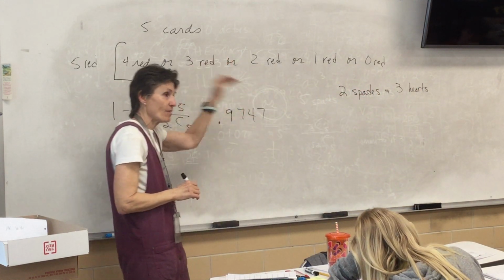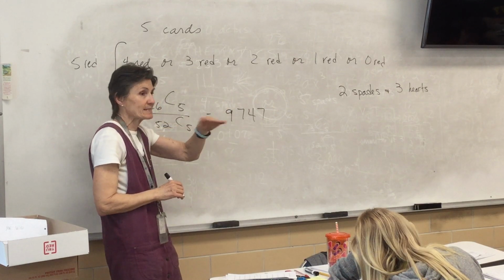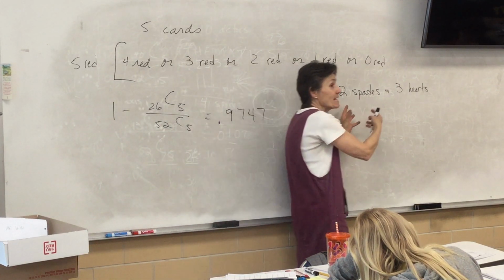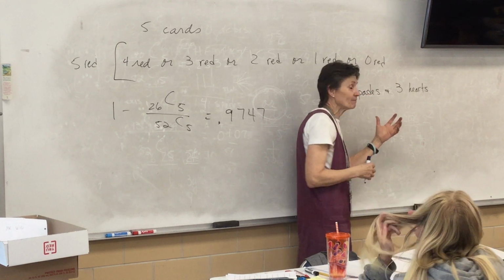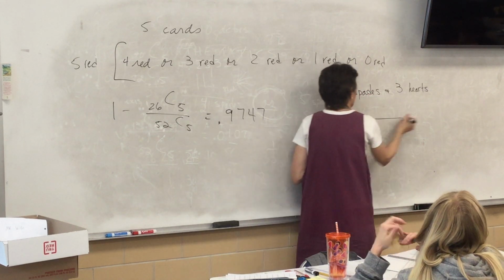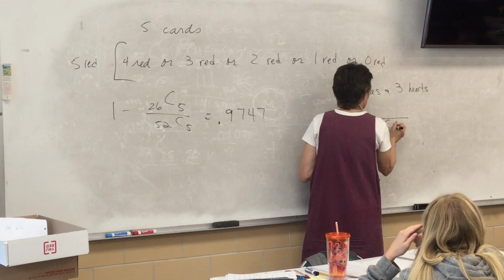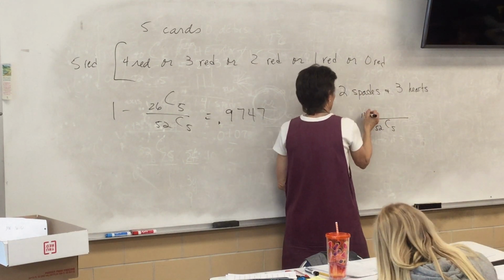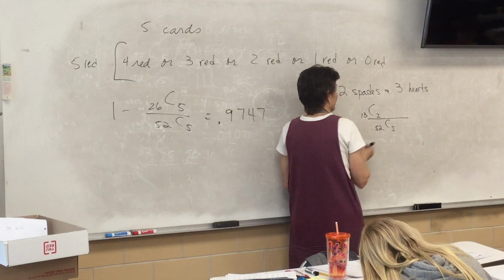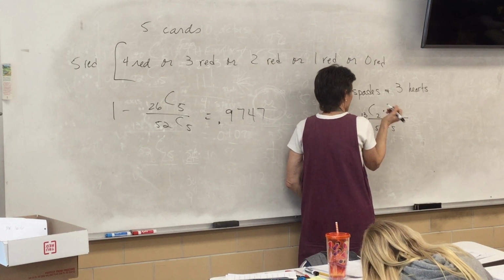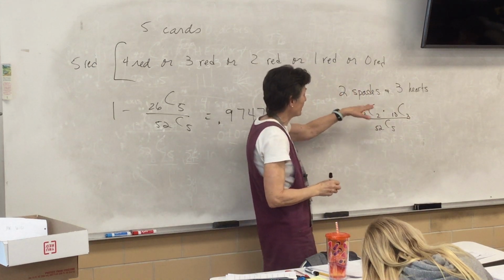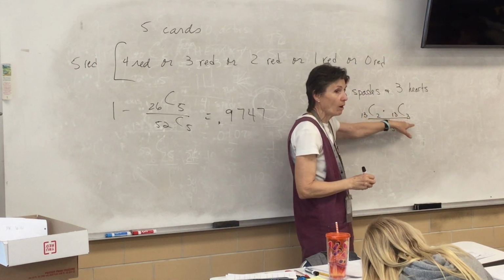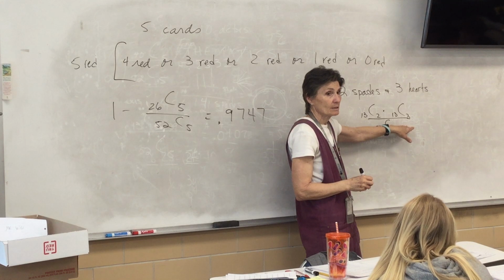I know that's not what it says, but is this part of the answer? It's a case, right, within? So let's go ahead and find that. What would this look like? 13C2 times 13C3.